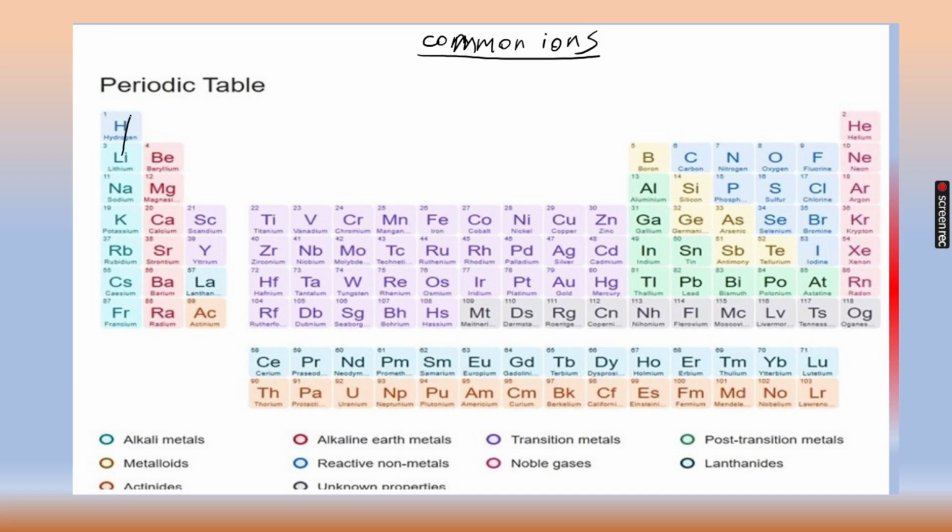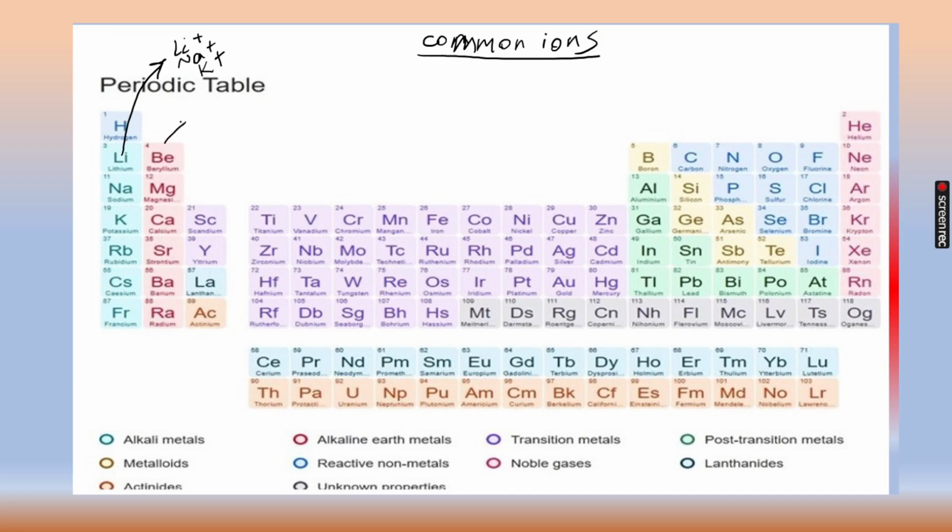For example, lithium can create a 1 positive ion because they are metals and they lose electrons. Sodium is like lithium, and potassium is like sodium. Group 2 has beryllium, magnesium, calcium, strontium, barium, and radium.